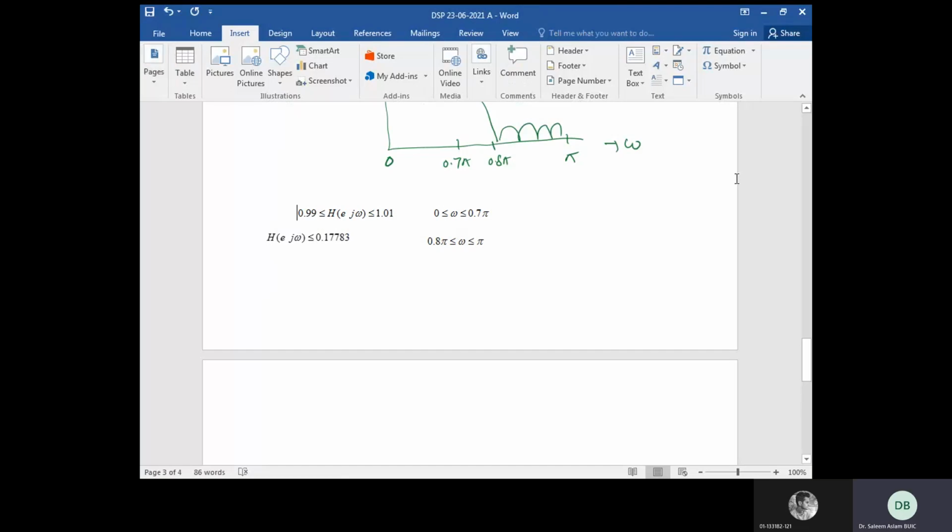What is the value of delta 1? What is the passband error? There are two equations, two lines, first line and second line. Which line is basically indicating the passband?